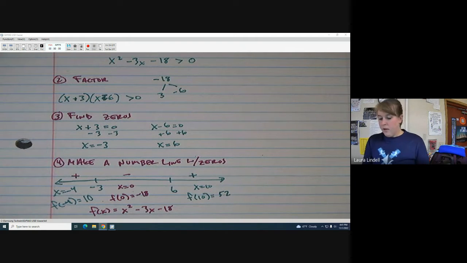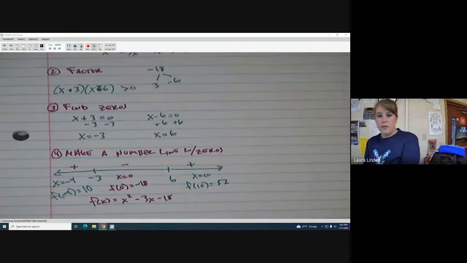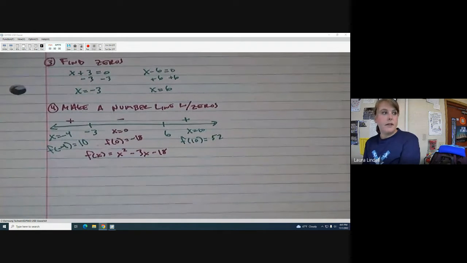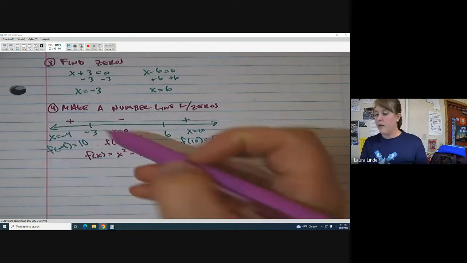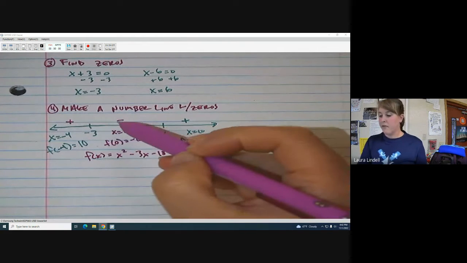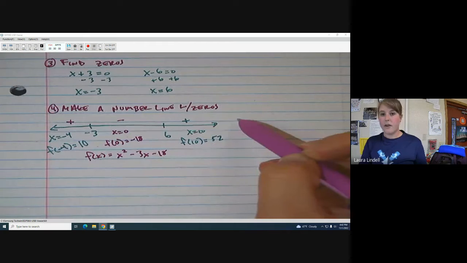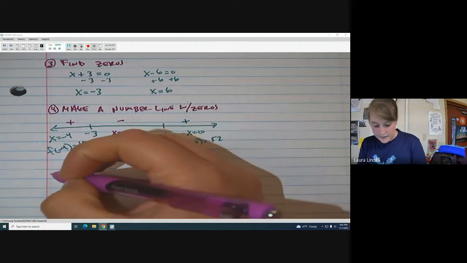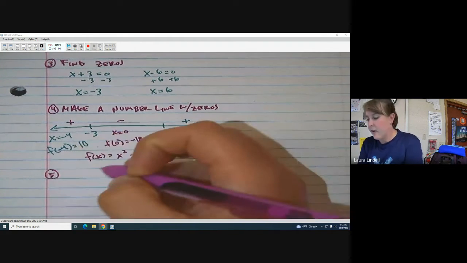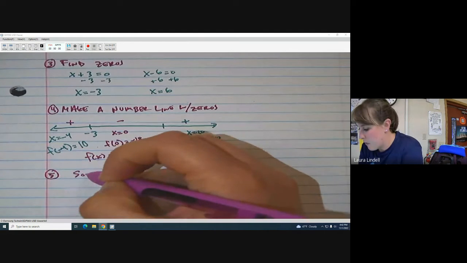Okay. So now that we've made our number line with our zeros and our sign chart, and we figured out that these function values are positive, these are negative, and these are positive, the last thing that we need to do is figure out our solution intervals.